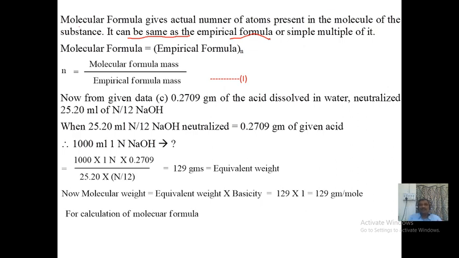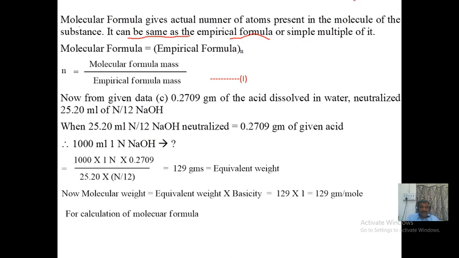That means you multiply the empirical formula by some common value and you get the molecular formula. For example, CH is the empirical formula of benzene. If I multiply both carbon and hydrogen by a simple value, that is 6, you get C6H6. That is your molecular formula.